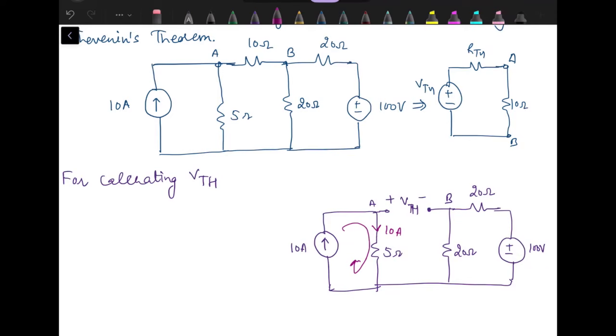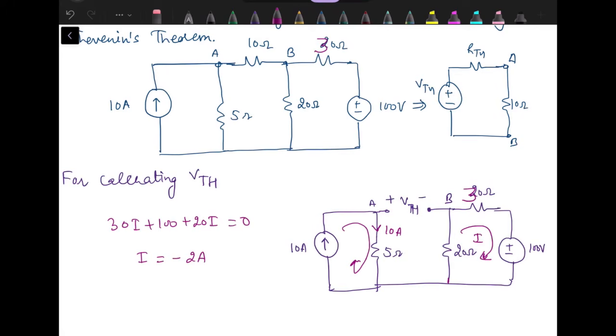While we need to find out the current through this 20 ohm, sorry, this one is not 20, this one is 30. We need to find out the current through this 20 ohm. Let's say this one is I. We can apply KVL in this mesh to find out the value of I. So it will be 30 I plus 100 plus 20 I equal to 0. I will be equal to minus 2 ampere.